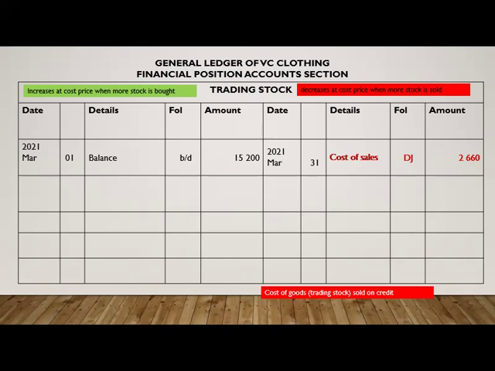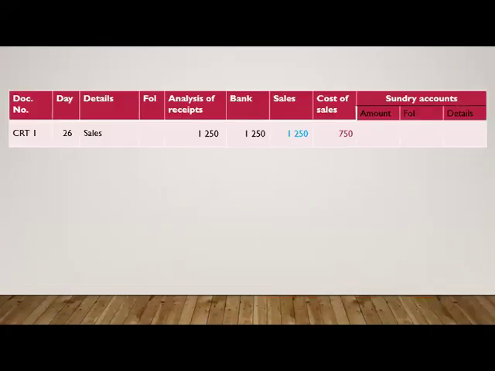Can I continue, guys? Okay. We'll come back to that. Let's go to CRJ. We're going to do the same thing. Normally sales will go with bank, okay? So we debit bank, we credit sales.